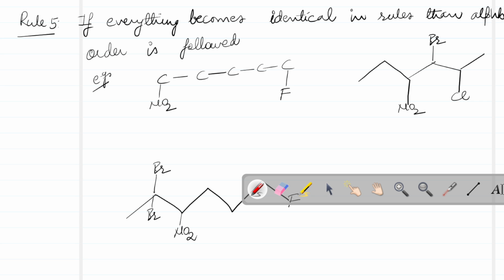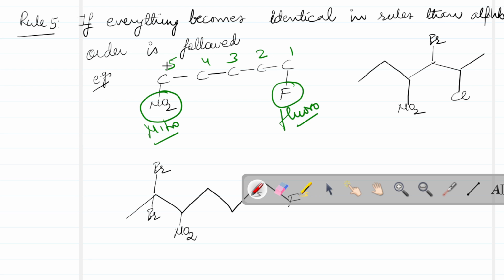Rule number 5: if everything becomes identical in the rules, then alphabetical order is followed. See, it is always taken as substituent. It is nitro and it is fluoro. If I do the numbering 1, 2, 3, 4, 5, there are 5 carbons in the principal chain and the set of locants is 1 and 5.